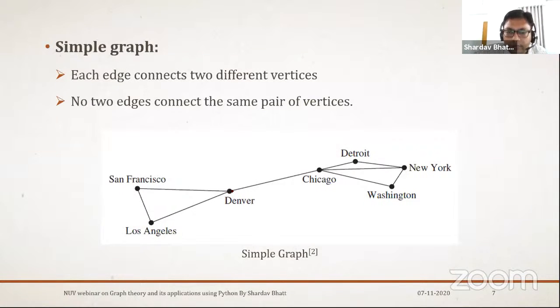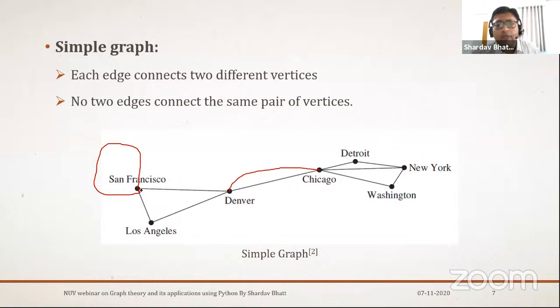So that is called a simple graph. Suppose there are two edges between Denver and Chicago, then what will happen? Then it will not be called a simple graph. Or if there is an edge which starts from San Francisco and ends at San Francisco, then this is also not a simple graph.